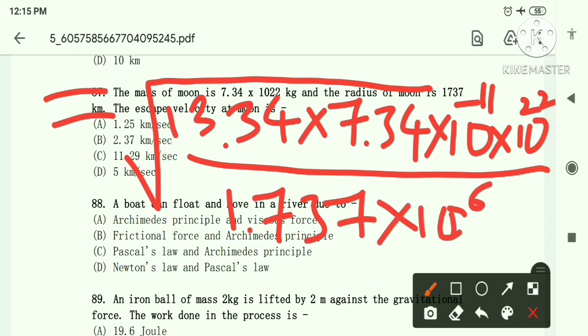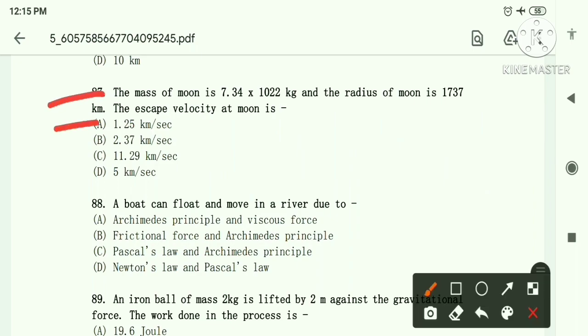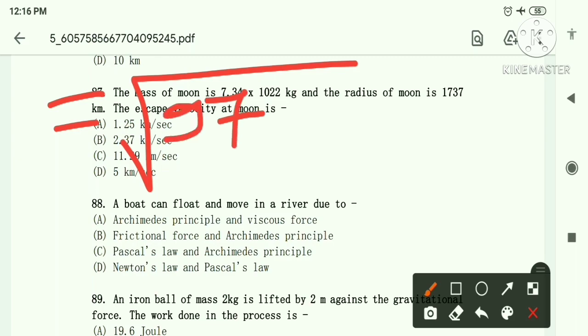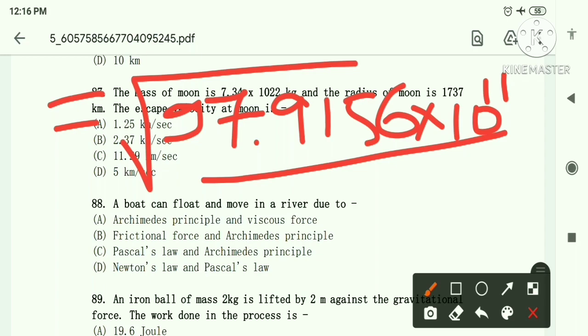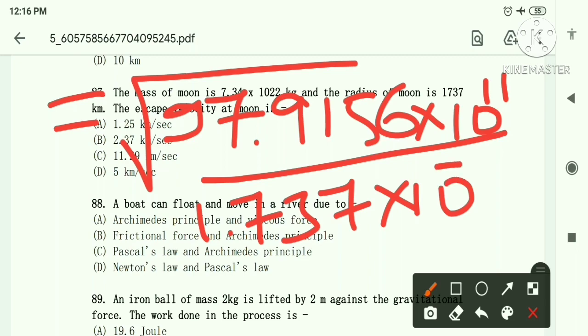Now simplifying this, we get 97.9156 into 10 raised to 11, because 22 minus 11 is 11, whole divided by 1.737 into 10 raised to 6.